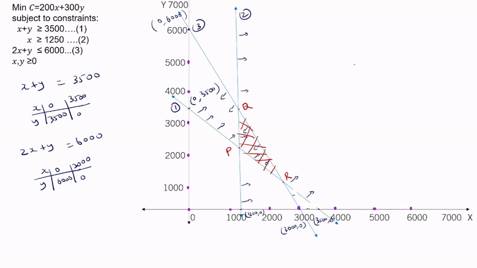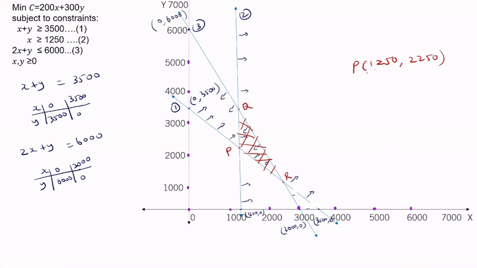The x coordinate of P is 1250. If we draw it on a graph sheet, then we will be able to get the coordinates directly. So the coordinate for P is 1250 and 2250.